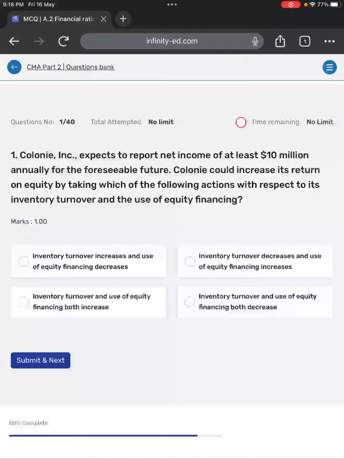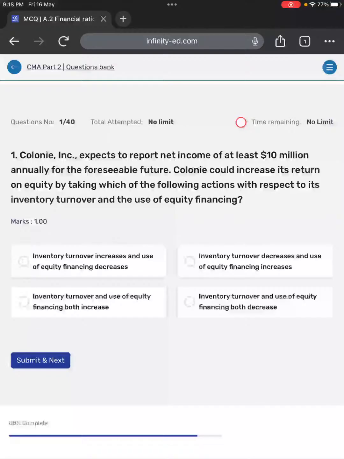We need to understand the concept as well. For inventory turnover, current ratio, quick ratio, whatever formula there is, we need to understand the concept, and then it will be easy to memorize the formula as well.